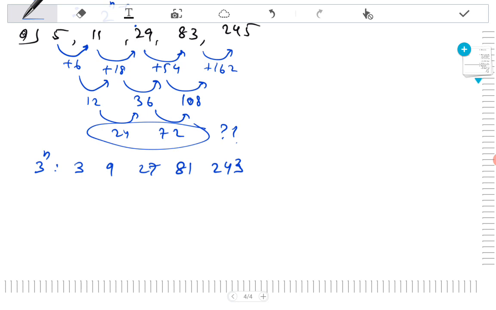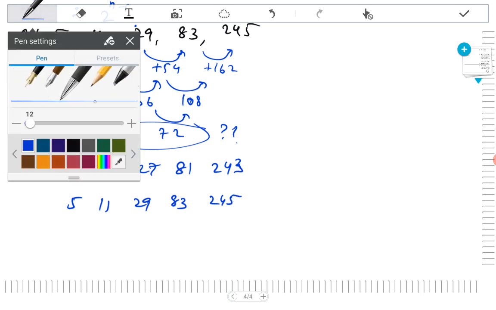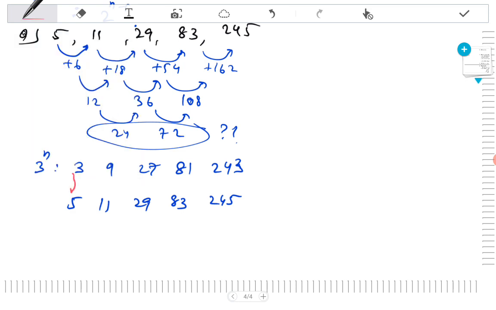Now check with the sequence given in the question: 5, 11, 29, 83 and 245. So what am I supposed to do in order to make my answers exactly equal to the question answers?